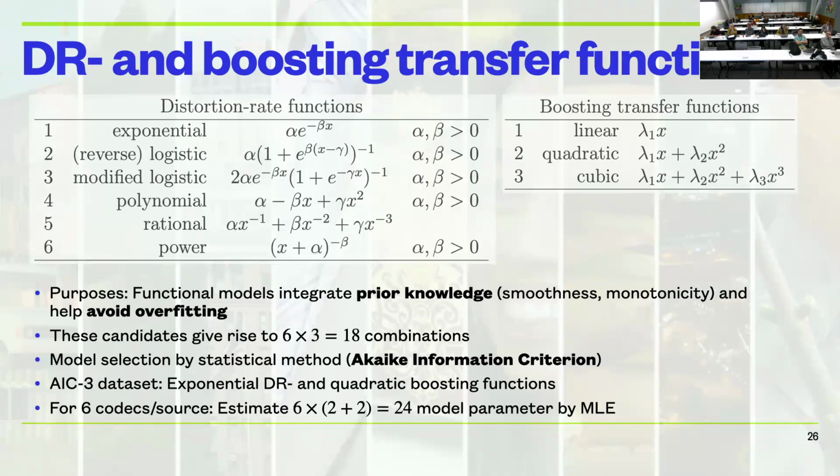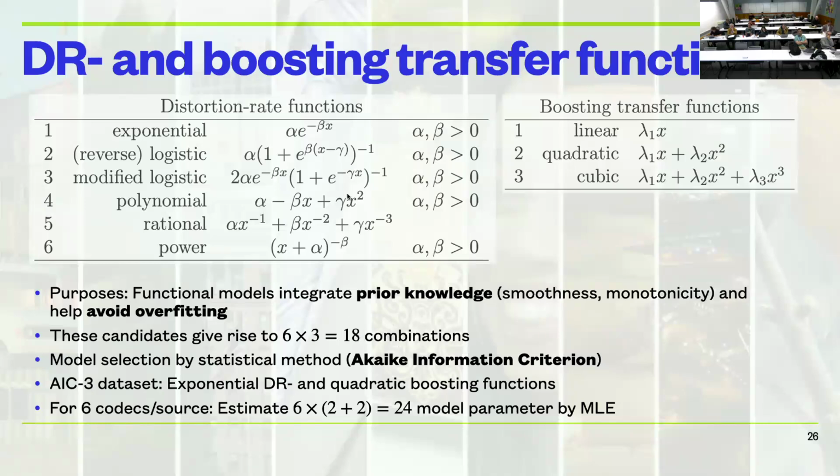So our models are monotonically increasing: the higher the bit rate, the better the quality, or the smaller the perceived distortion. And it also avoids overfitting. So that's another advantage of this.